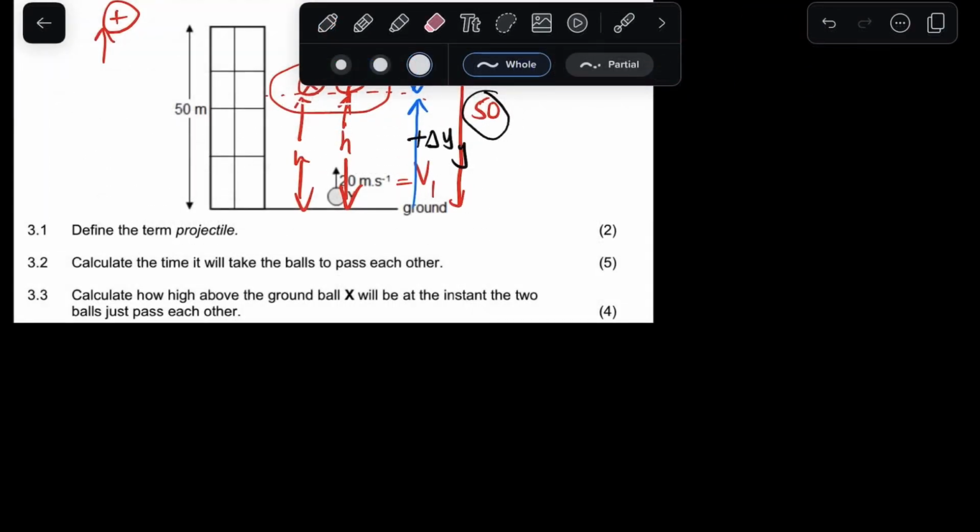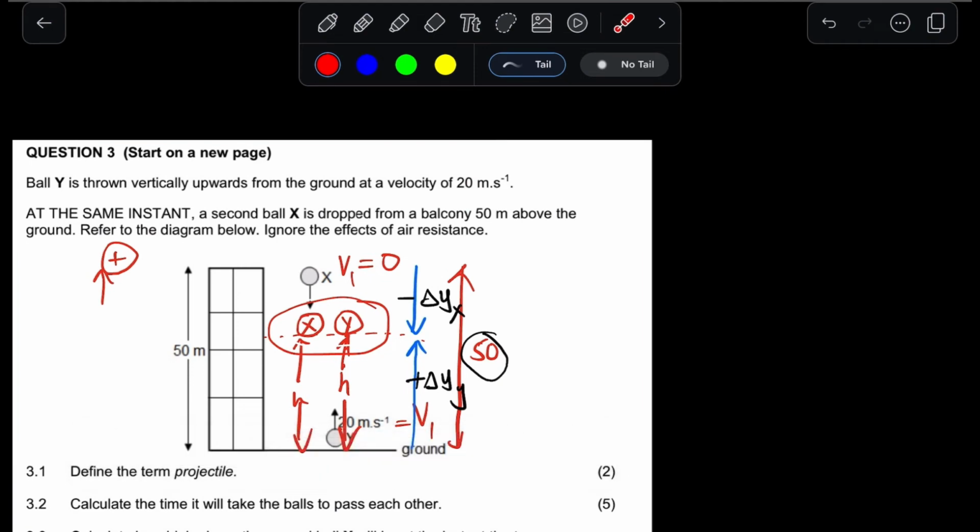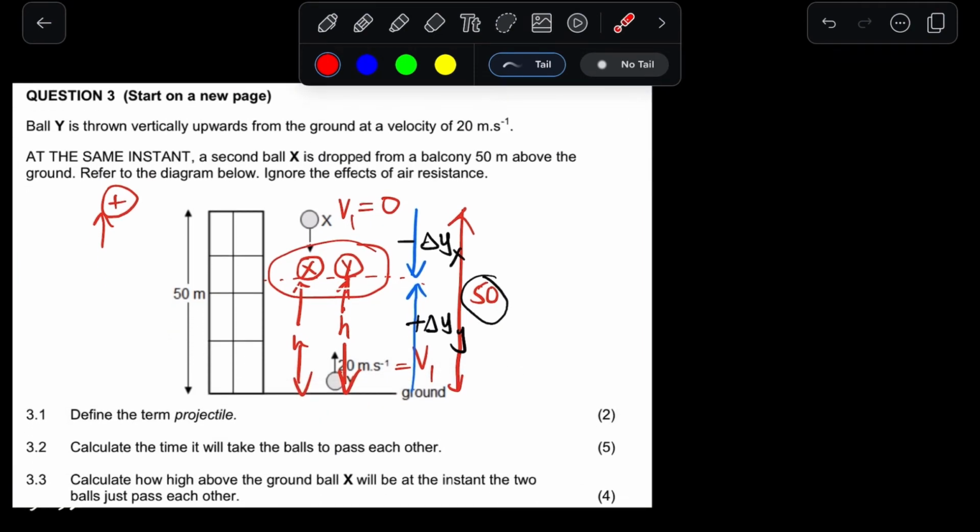Okay, 3.3, it says calculate how high above the ground ball x will be at the instant the two balls just pass each other. We want this height for ball x, right? So ball x covered this distance from there to the meeting point, but we want the height above the ground.